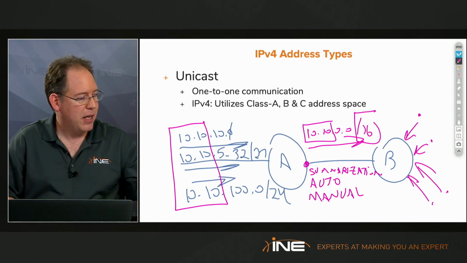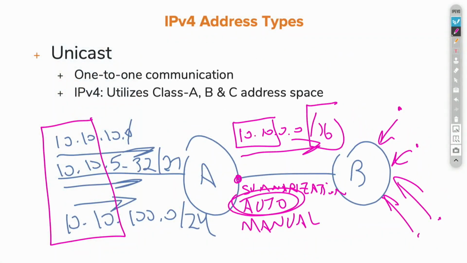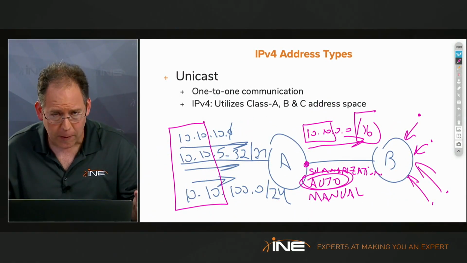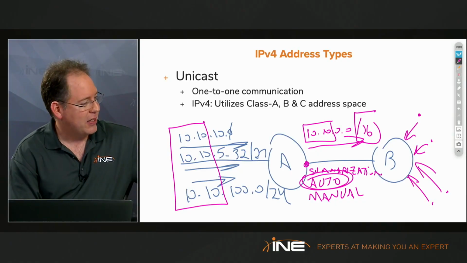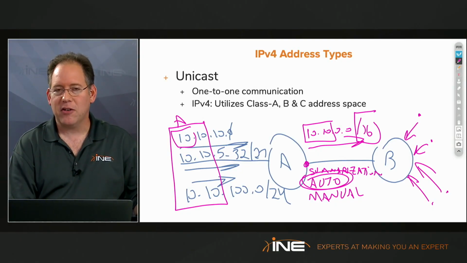But if you're running auto summarization, most routing protocols shrink everything back to its classful boundary. Now, if you didn't know what network classes were, you would have no idea that 10 is a class A address. It's in the class A range.